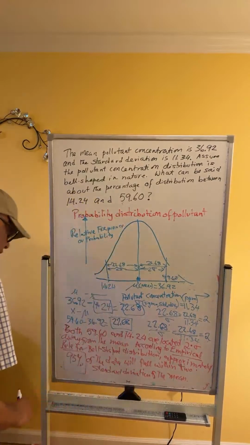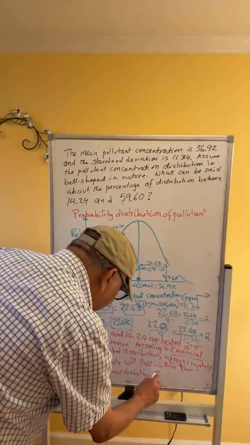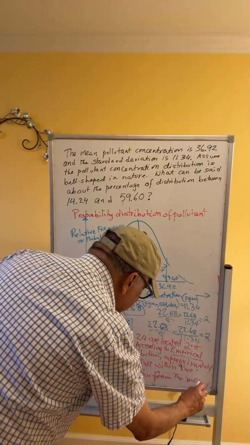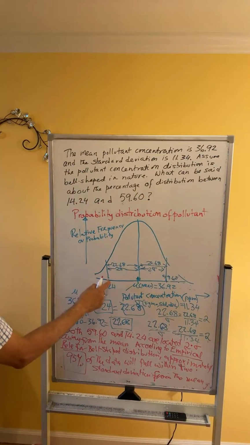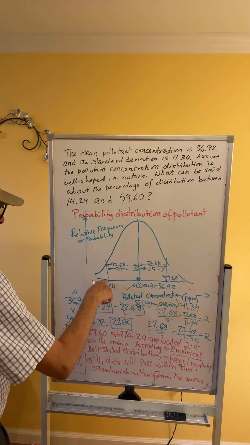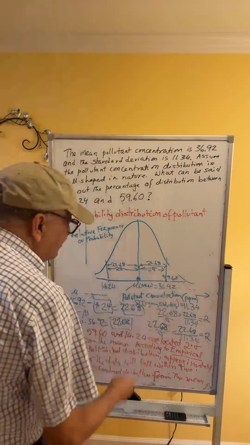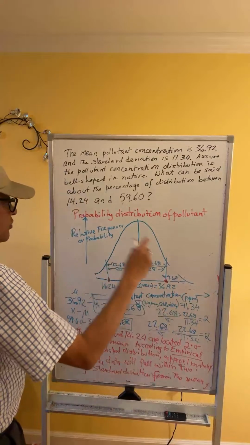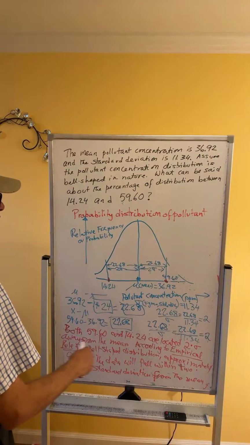So the question was, what can be said about the percentage of distribution between 14.24 and 59.60? We already established both 14.24 and 59.60 are located 2 standard deviations away from the mean.